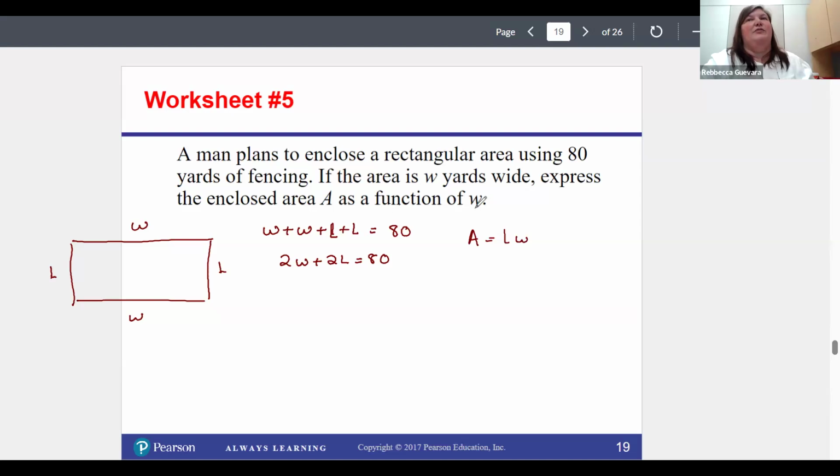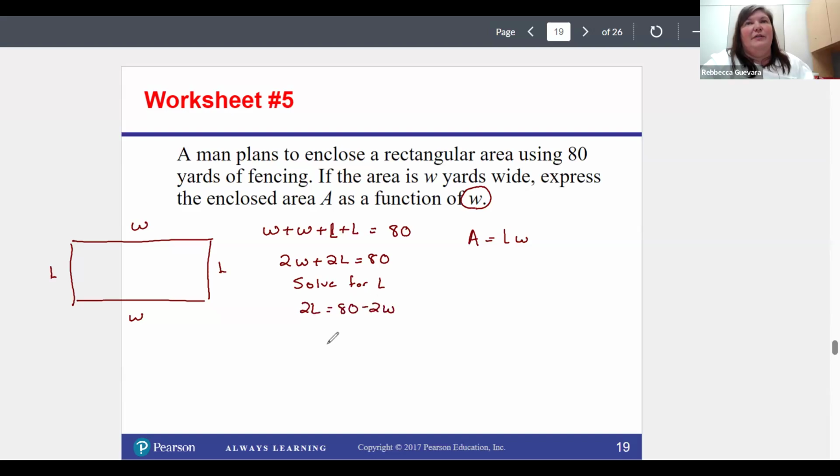We want to express this as a function of W, so this is where we're going to use some substitution techniques. So if I solve this equation for W, 80 minus 2L, I'm sorry, solve it for L. We'll see why in a second, but I want to be just W's, so I'm going to solve for L here. So 2L is going to be 80 minus 2W.